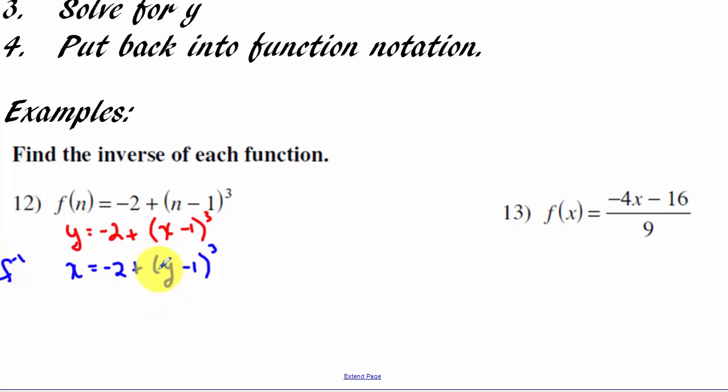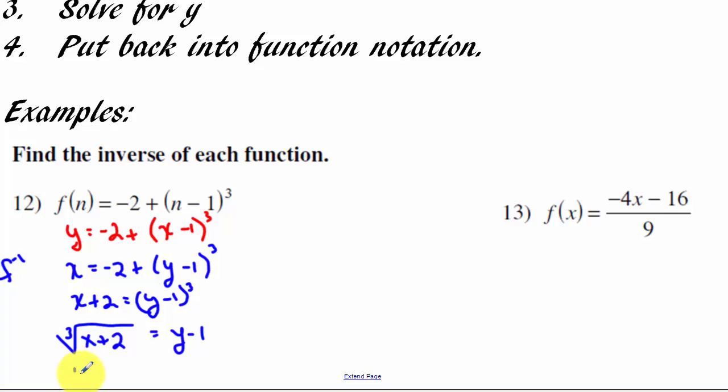But we want to solve it for y, so I need to add 2 to both sides. And we undo a cube by either raising to the 1/3 power or cube rooting both sides. So now I have the cube root of x plus 2. And on this side, if I cube root this, I just get y minus 1. And now to finish, I'm going to add 1 to the other side.